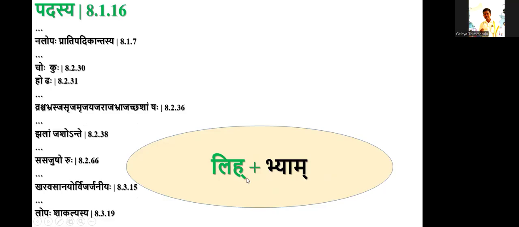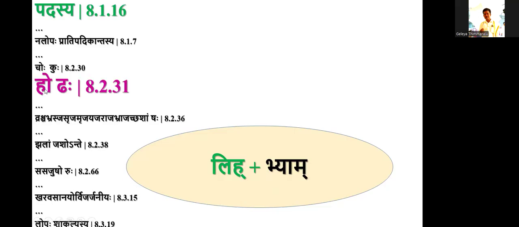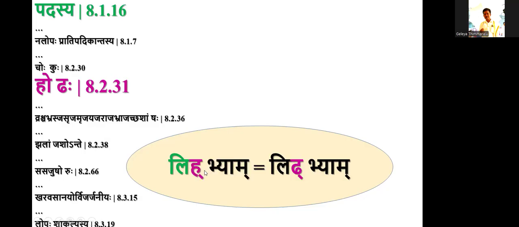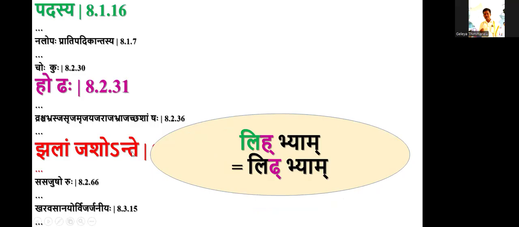Next we shall take lih plus bhyam. Here lih is a padam by the sutra Swadishu Asarvanamasthane, and we have this sutra now Hoh Dhah, the immediate sutra after Choh Kuh. Hakara will be converted into dhakara when that hakara is at the end of a pada. Here lih is a pada, so it ends with hakara. So by this sutra Hoh Dhah, that hakara will be converted into dhakara, and we have this sutra Jhalam Jasho'nte.